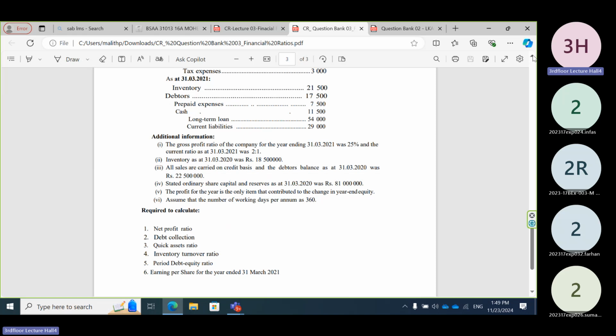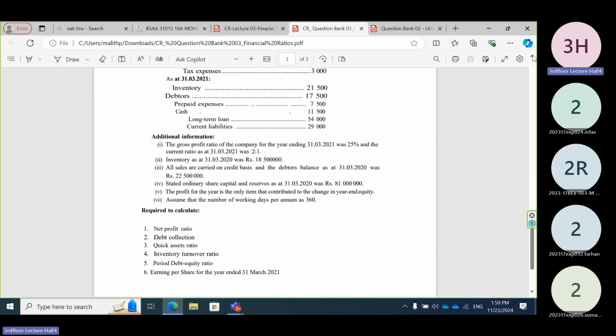So the number of shares should be included in the question. As at date, you can put that within brackets and say 180,000 shares. So that should be included in the question.